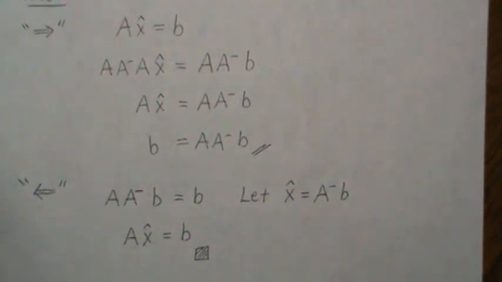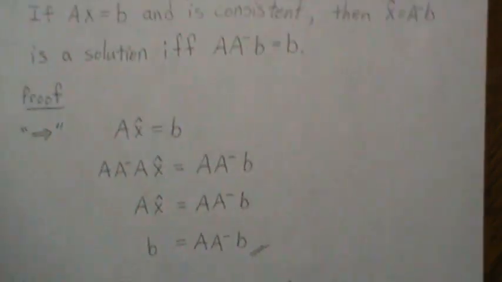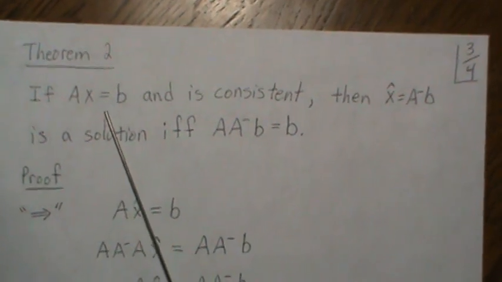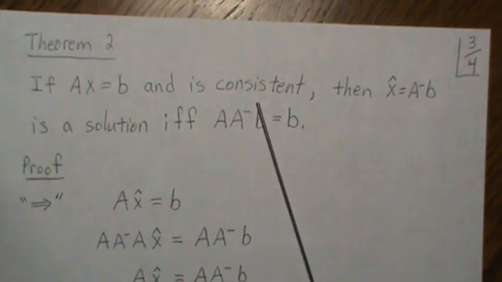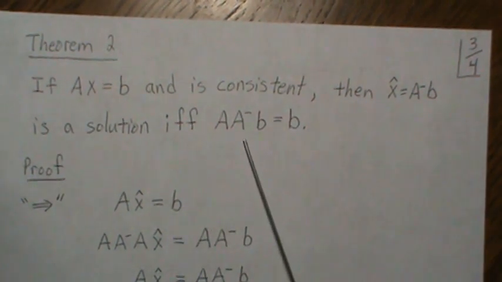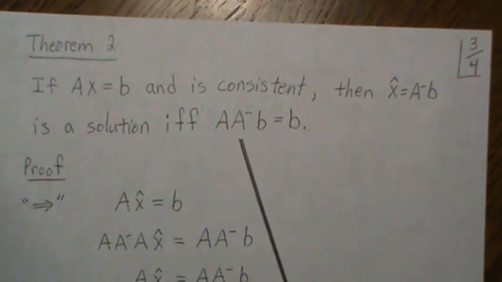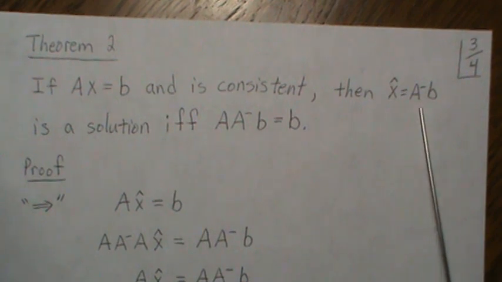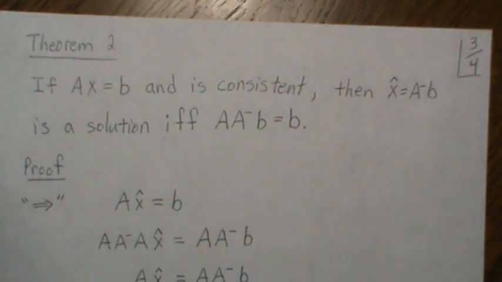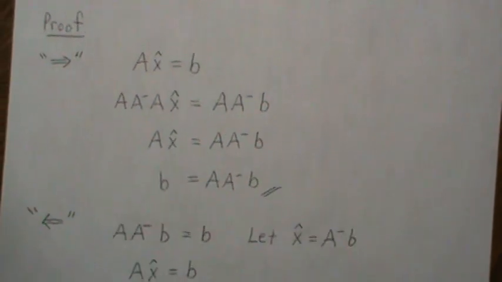The consequence of this theorem is that if you have a consistent system of equations and you find the generalized inverse of A, and then you take A dash times B and if you get B back, then you know that this is a solution. So it makes hunting for solutions much easier.